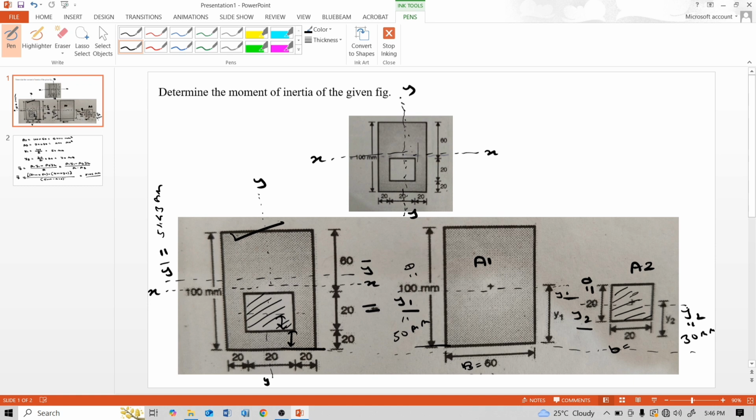To solve the moment of inertia for this whole rectangular part, the neutral axis is not this 50 mm, not y1.